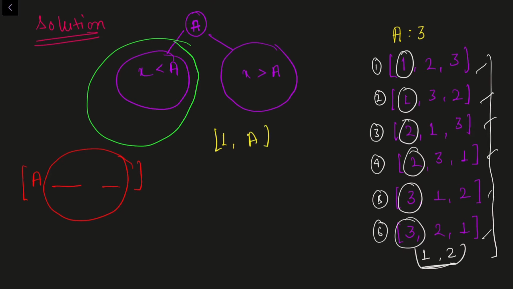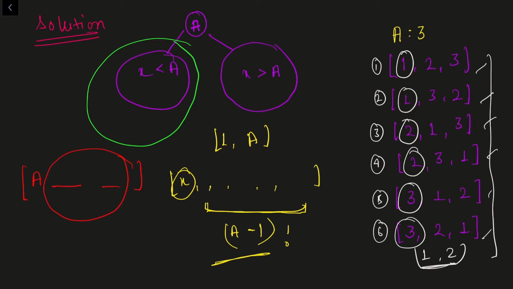Then let's say I fix the first element to x, then I have to choose the rest of the a minus 1 elements, right? So that I can do in a minus 1 factorial ways, right? So if I fix my x, I know that I can choose the rest of the elements in a minus 1 factorial ways. So that basically gives us the contribution of this element to the answer.